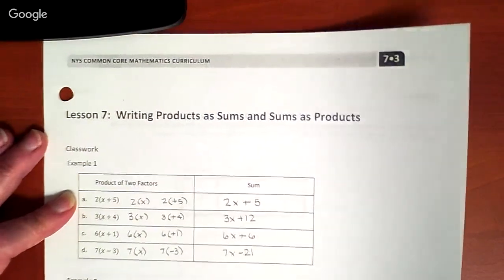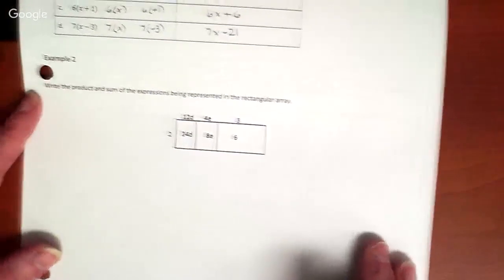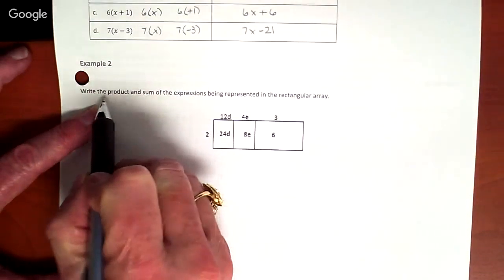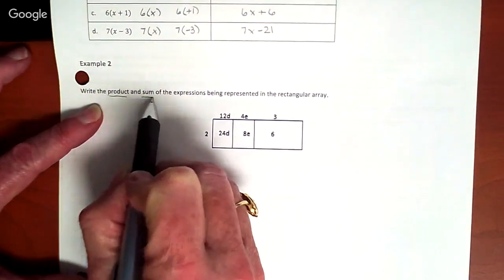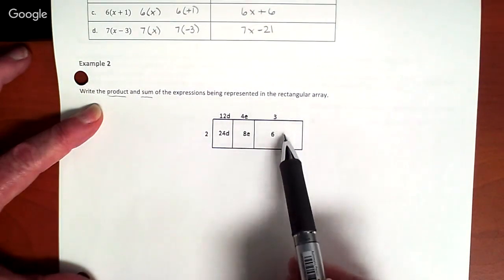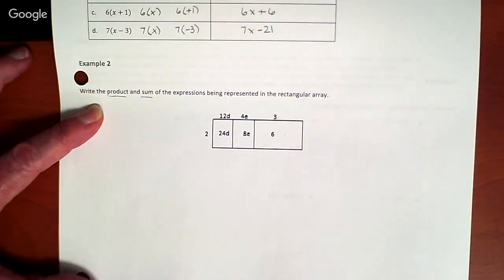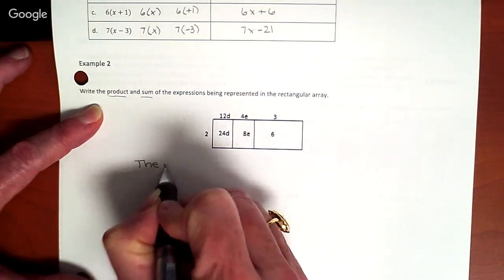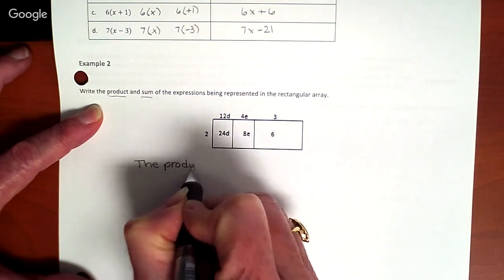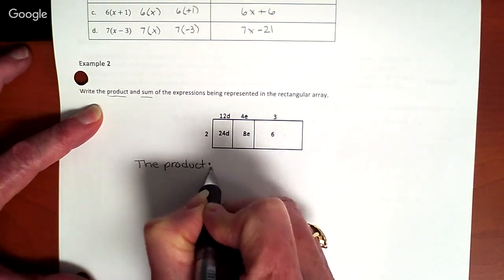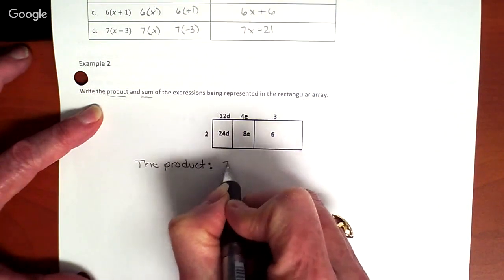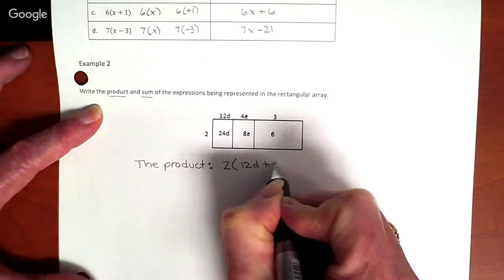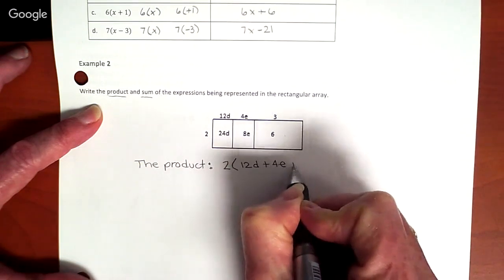So now for example number 2, here it says write the product and the sum of the expressions being represented in this rectangular array. So the product would be written 2 in parentheses 12d plus 4e plus 3.